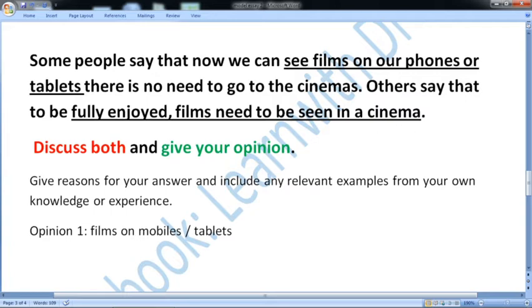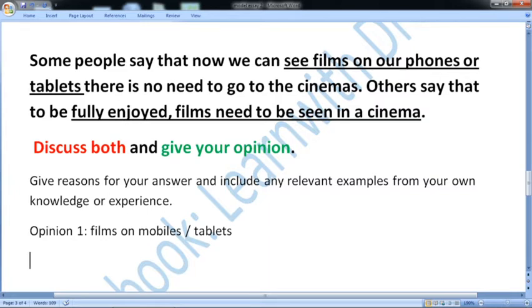And what can be the points if we can see films on our phones or tablets and we don't need to go to the cinema? What are the advantages? How can we discuss why it is better to see films on a phone, or why it is better to see films in a cinema?